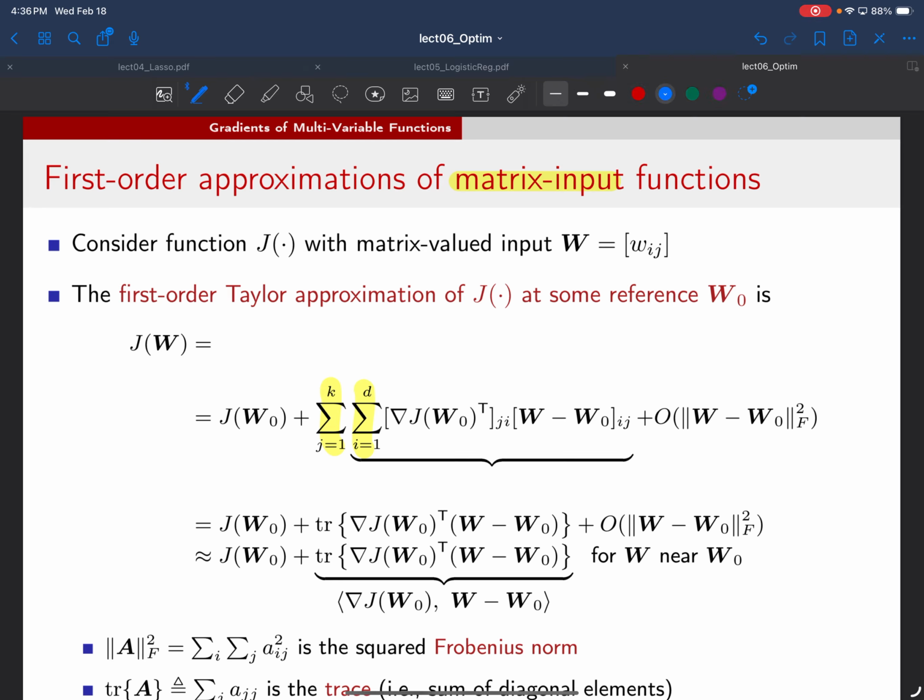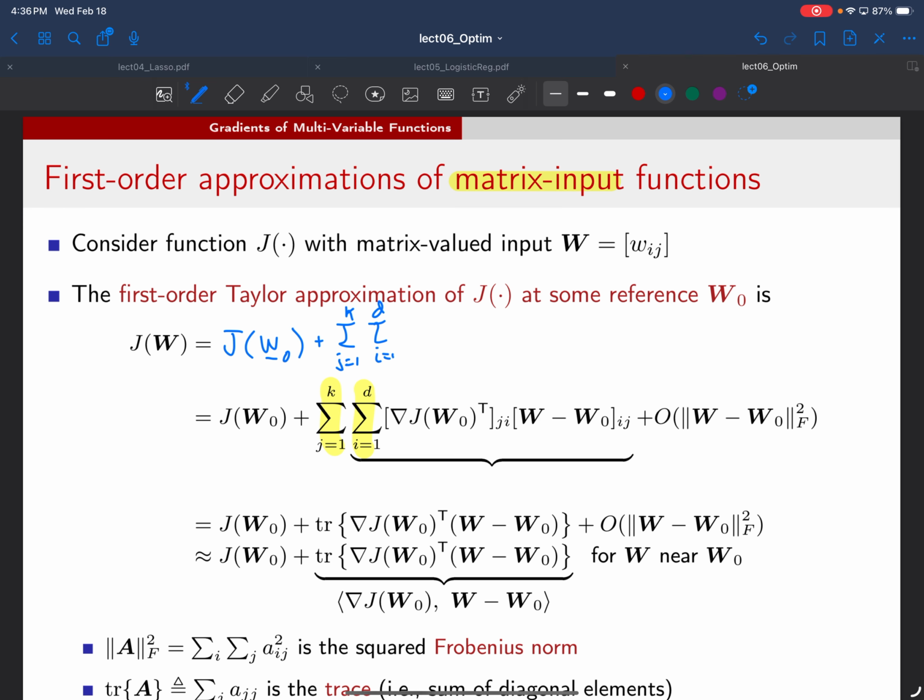So we're going to have J at the reference, big W naught, plus the sum over j, which indexes over the columns, and i, which indexes over the rows.